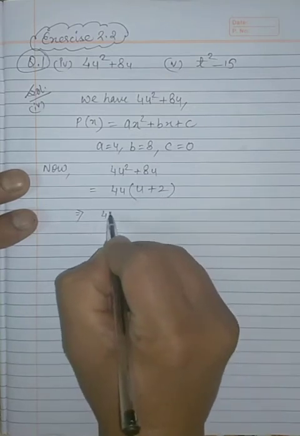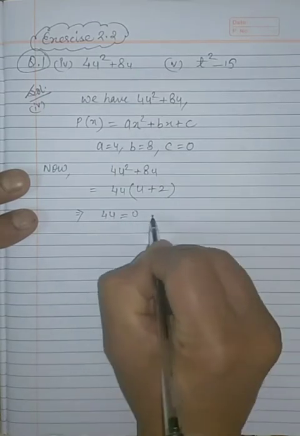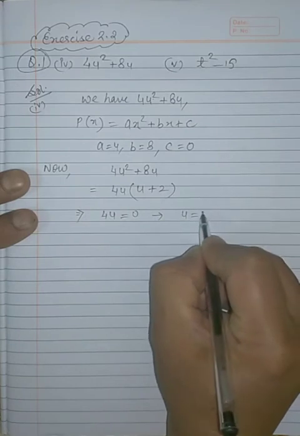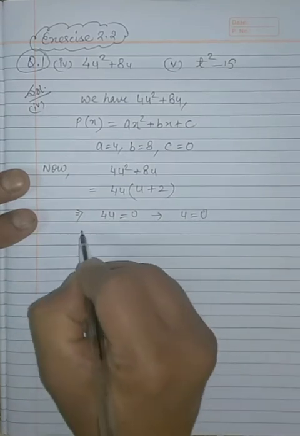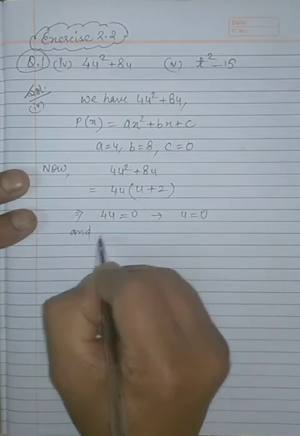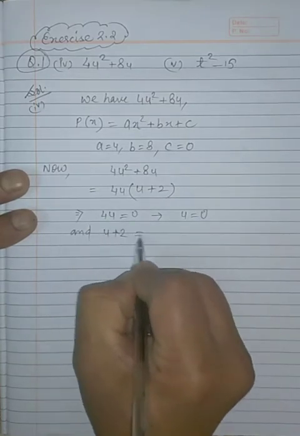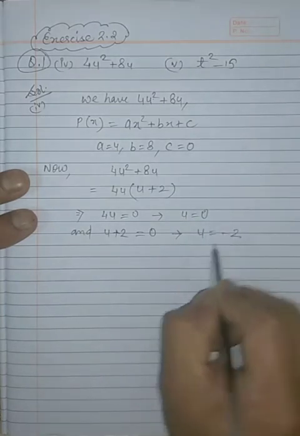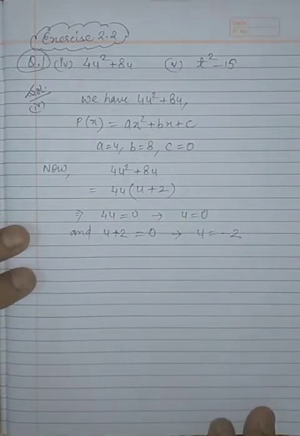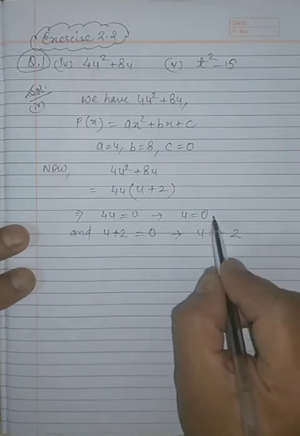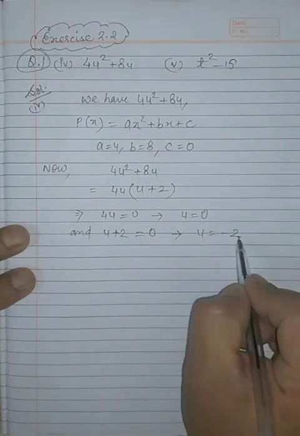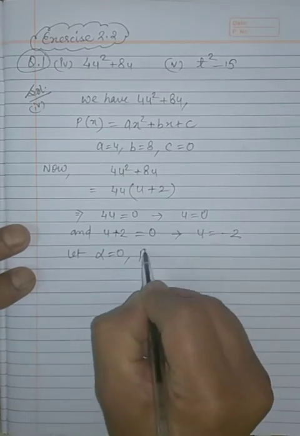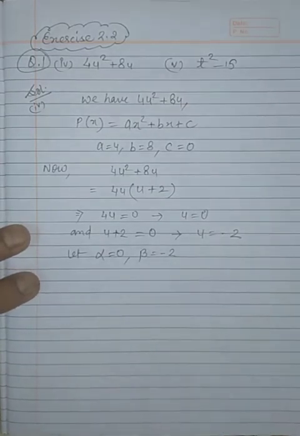Therefore, if 4u is equal to 0, this will give you u is equal to 0 upon 4, that is equal to 0. And u plus 2 equal to 0 will give you u is equal to minus 2. That means the two zeros are 0 and minus 2. So let alpha be equal to 0 and beta equal to minus 2.